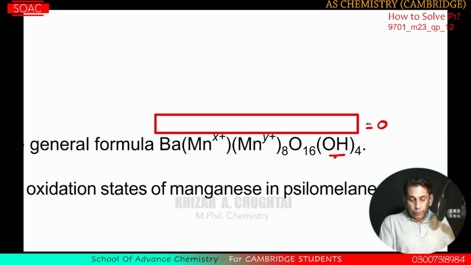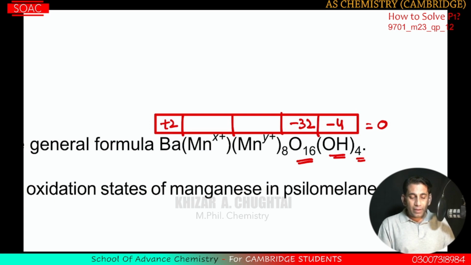Here is the OH group, where one OH is -1, and there are 4 OH groups, so -4 over here. Oxygen is -2 each, and 16 oxygens are there, so the total is -32. What about barium? Barium belongs to group 2, so its oxidation number is +2.